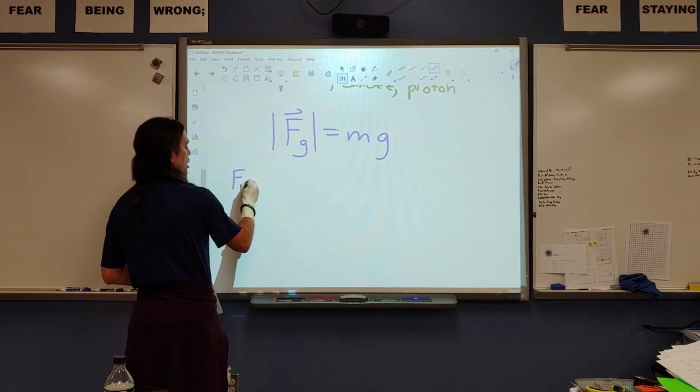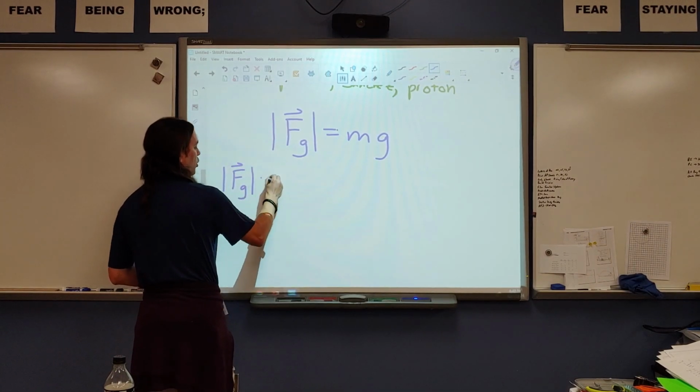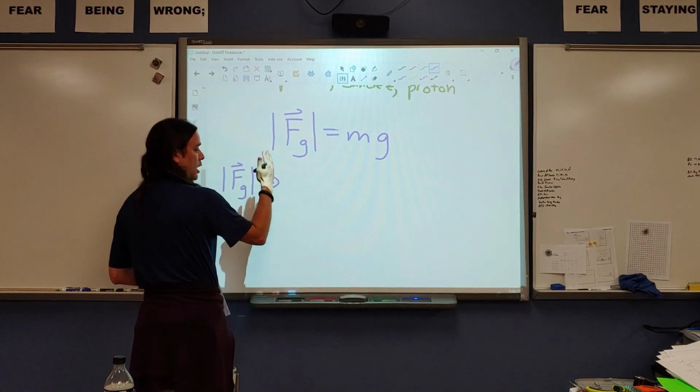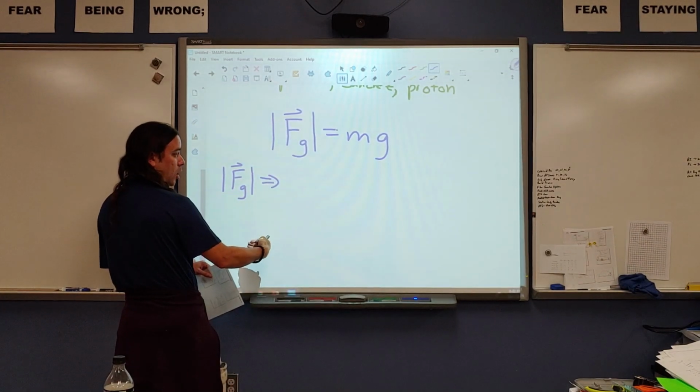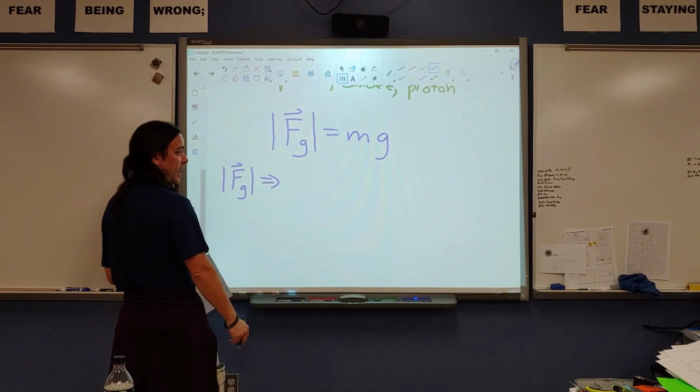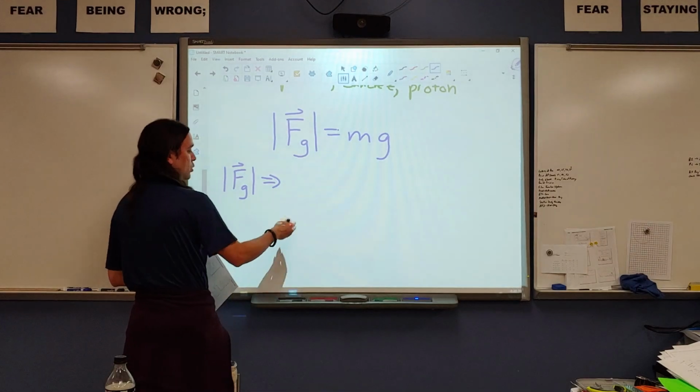Okay, so we're going to see this a lot as we go forward, but I've introduced a new equation. I'm now going to tell you what each of the parts are, and we're going to talk about what units they have so that we know how to use this equation.